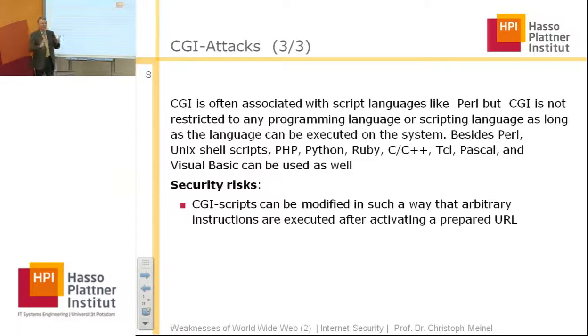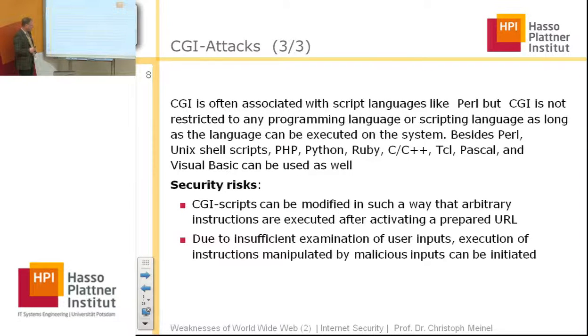So the URL describes the program that is used, and by manipulating or preparing the URL and the information behind it, one can do bad things. One can do such bad things if there is an insufficient examination of user input. Because typically the user input provides the parameters that are handed over from the web server to the program.